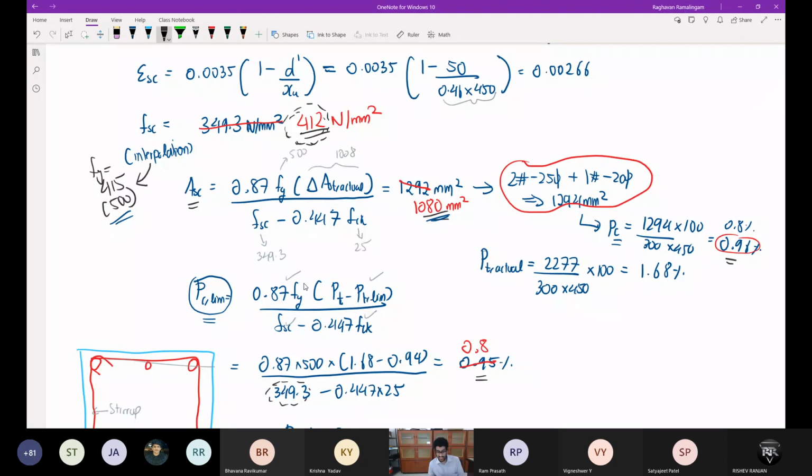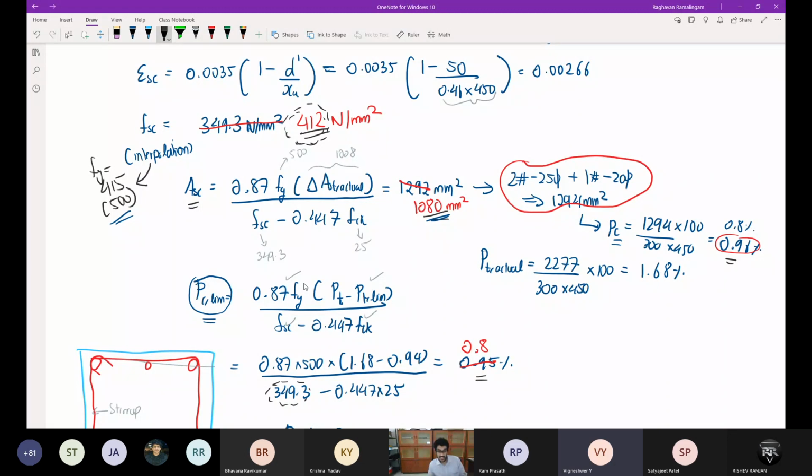Just put 412 there and see. I think you'll get 0.8. I'm getting 0.8 only. Just check it once. Just substitute 412. PC limit is 0.8, right, sir?